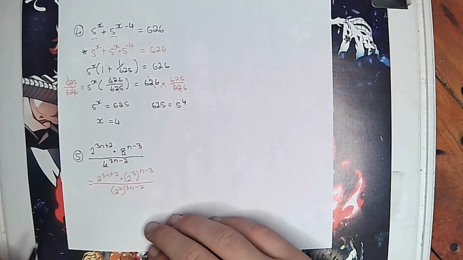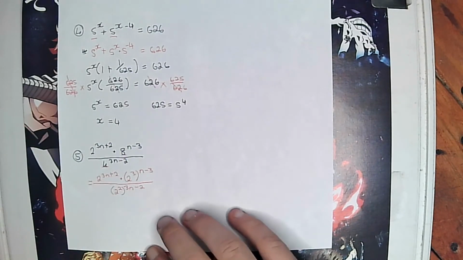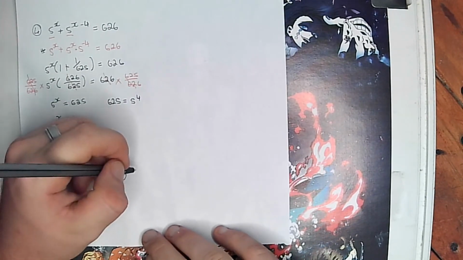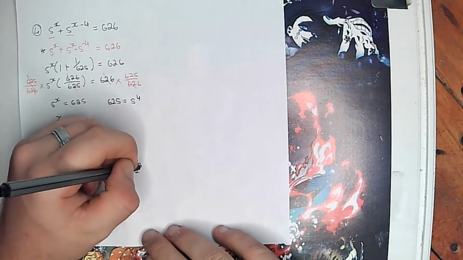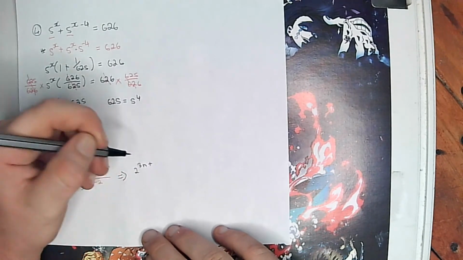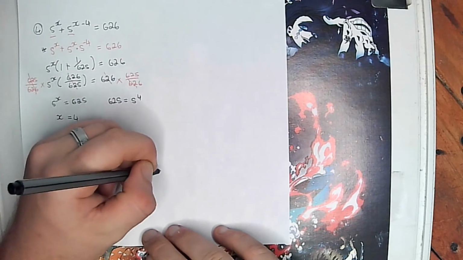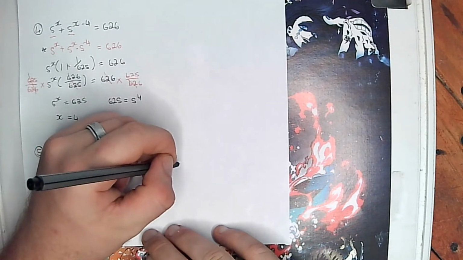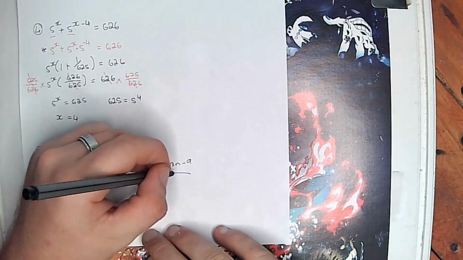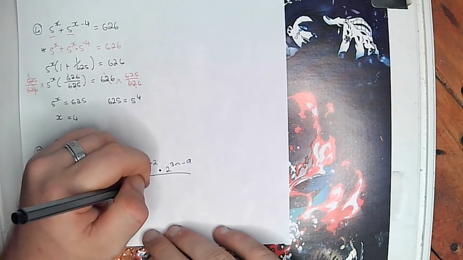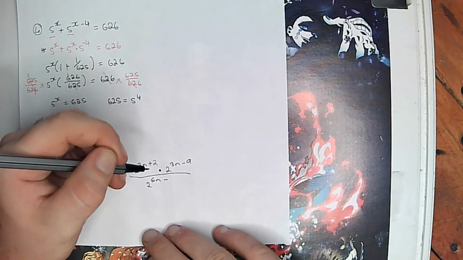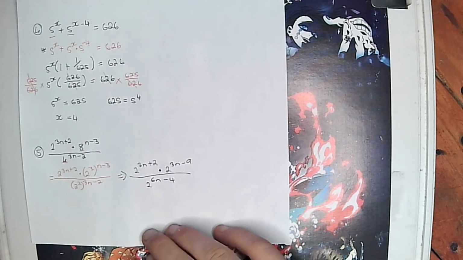Then I can go ahead and simplify. So 2^(3n plus 2) multiplied by 2 to the power 3n minus 9 over 2 to the power 6n minus 4. Now I can go and simplify.